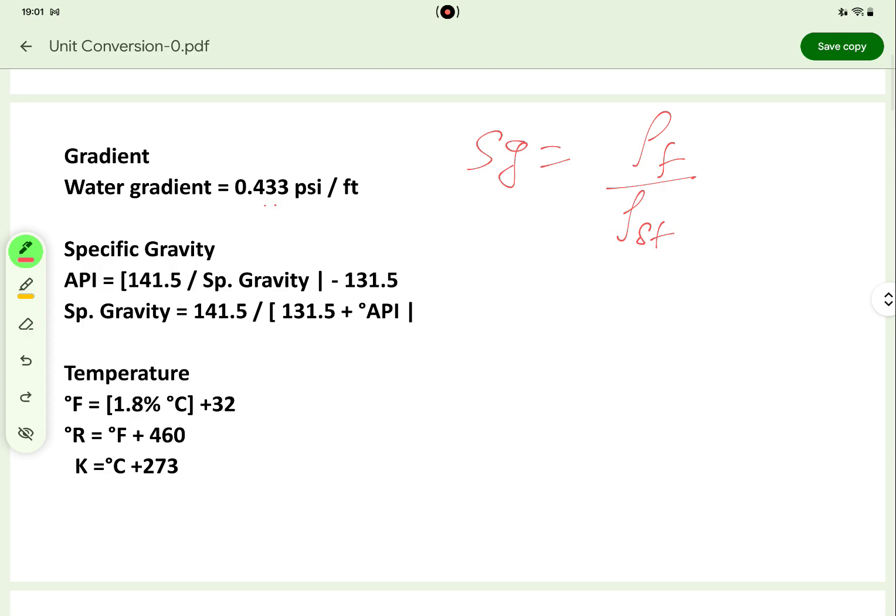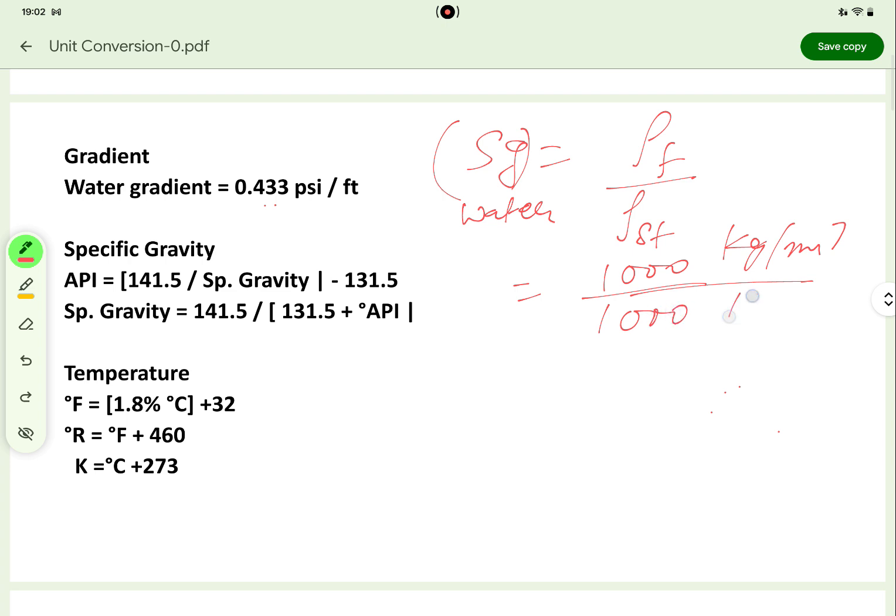So specific gravity of water is nothing but 1. How does it become 1? We know that the density of water is 1000 kg per meter cube, and the density of the standard fluid is also 1000 kg per meter cube. Simply calculate, you will get the value of 1 specific gravity, right?